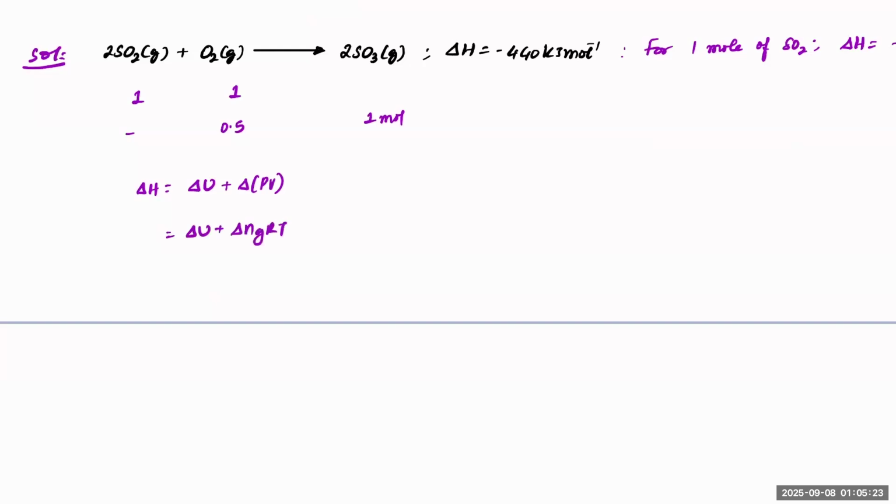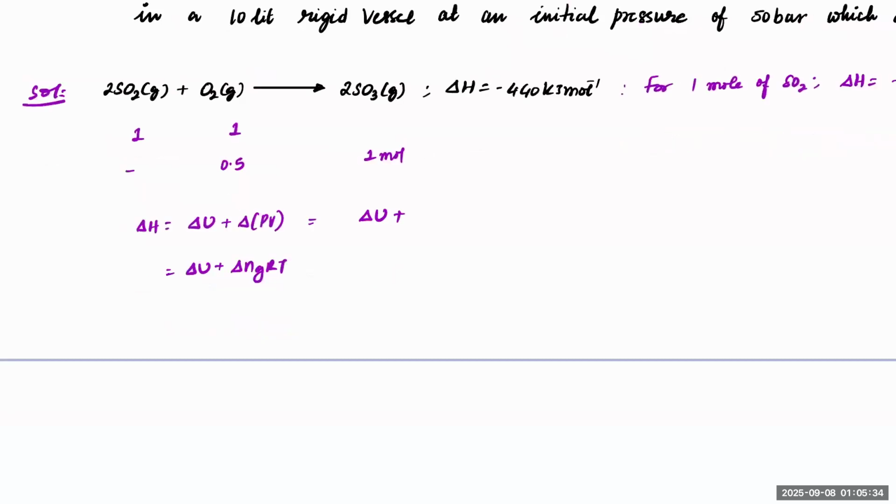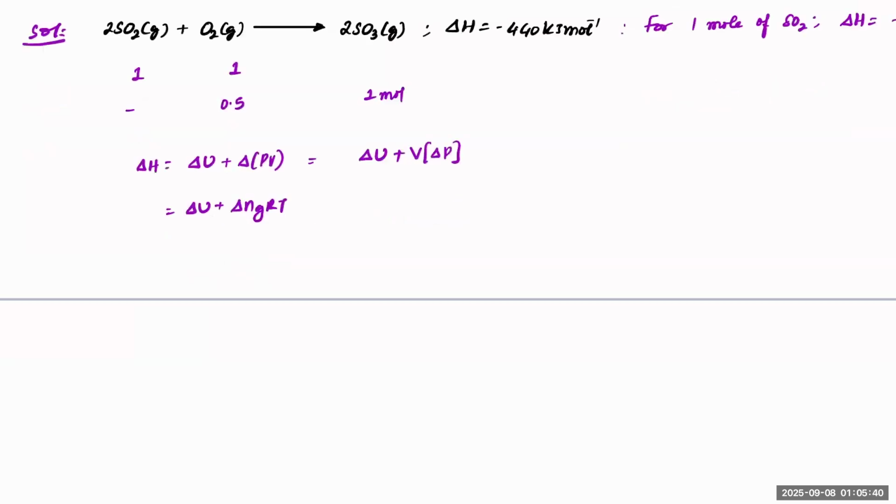Because temperature is not known, it's better not to use this. Pressure terms and the volume term are given, so I can simply use that. I told you it is a rigid container, which means the volume always remains constant, so volume can be pulled out. So it is only delta U plus V delta P.